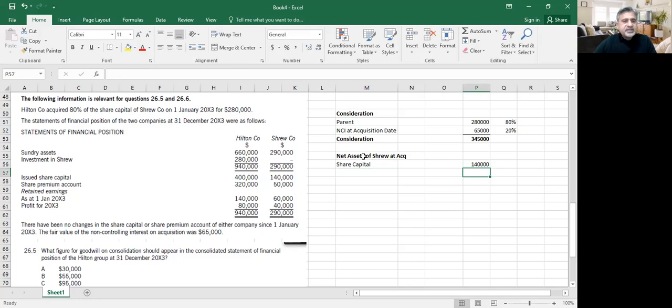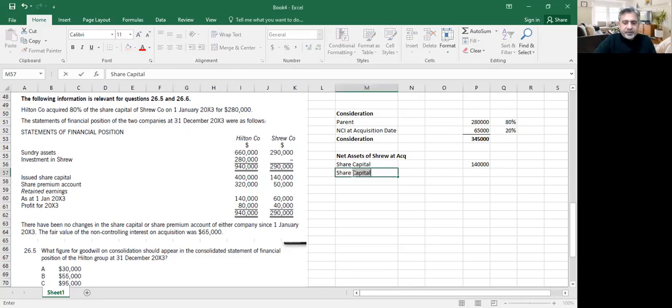By the way, financial statements are for 1 year. Remember that the acquisition date is 1st January and the reporting date is 31st December of the same year. It means that it is the beginning of the year and the end of the year. So there are no 2 or 3 years, and the post-acquisition period is only 1 year. So share capital is 140,000.